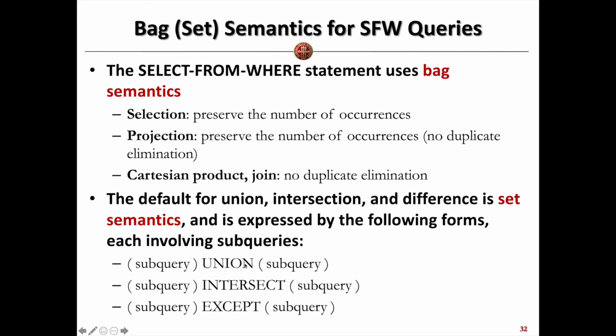We can write a subquery in parentheses, UNION a subquery in parentheses, and then union the tuples returned by these two subqueries together. Remember, for unions we use set semantics. In other words, data tuples appearing multiple times in these two subqueries will be eliminated, and we keep only one single record.